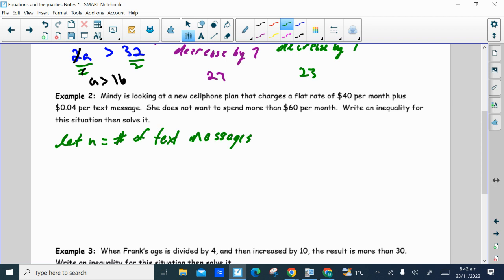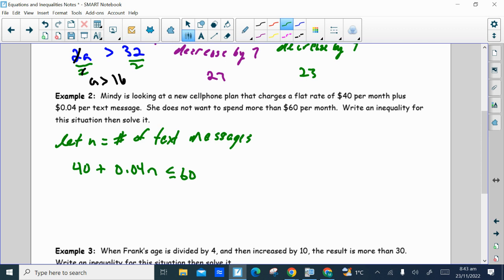So her total bill is $40 plus $0.04 per text message, which is n, and that number has to be less than or equal to 60 because she doesn't want to spend more than 60. She could spend 60 exactly, that'd be fine.